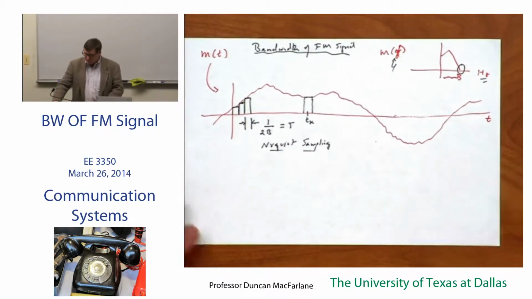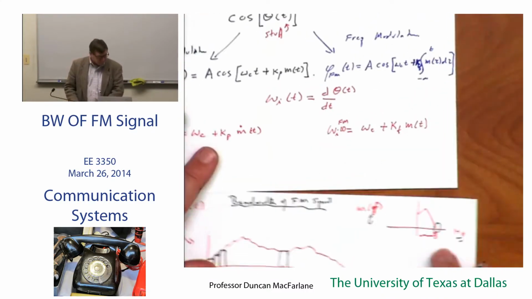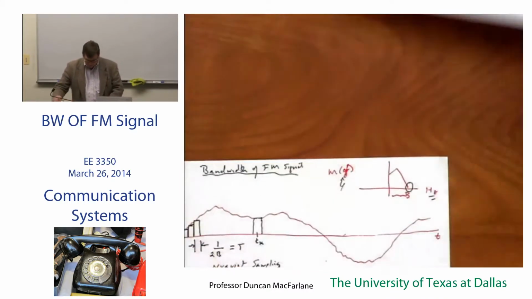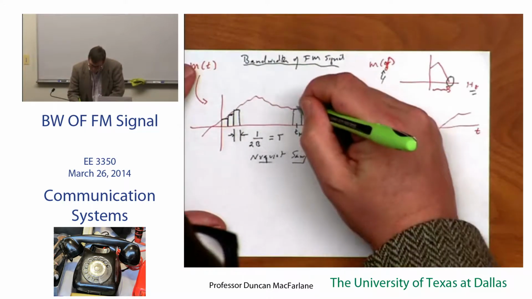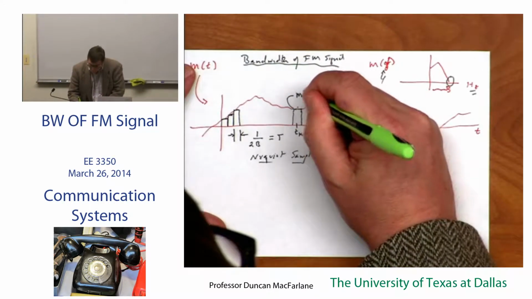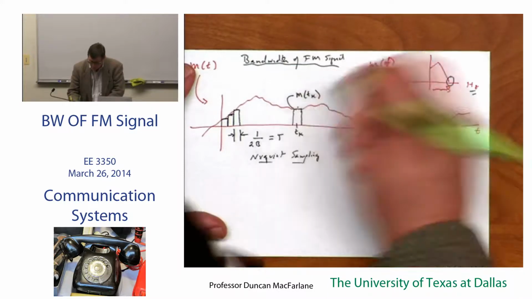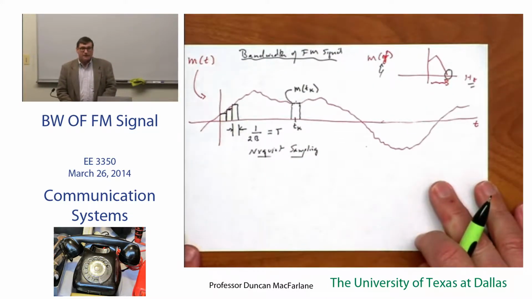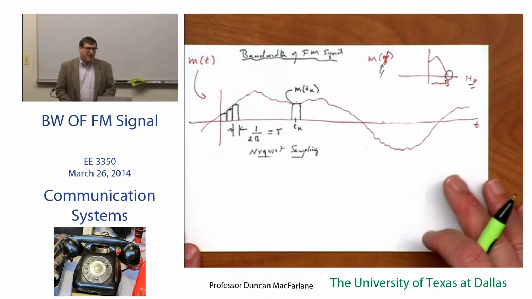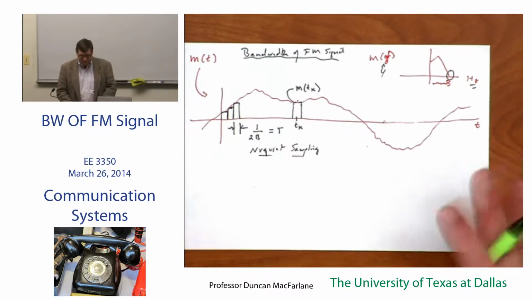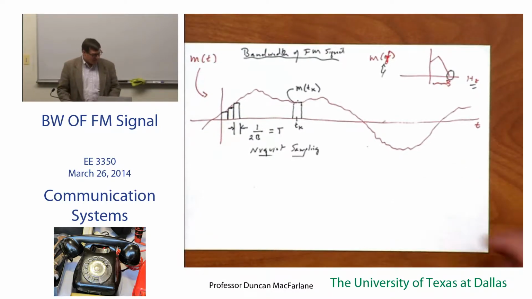And so if you think about my notation, m of t at this point here will be m of t sub k. That's the value. This is a piercing glimpse into the obvious. What is m of t sub k? It's m of t sub k. Okay, so it's nothing really amazing about that.